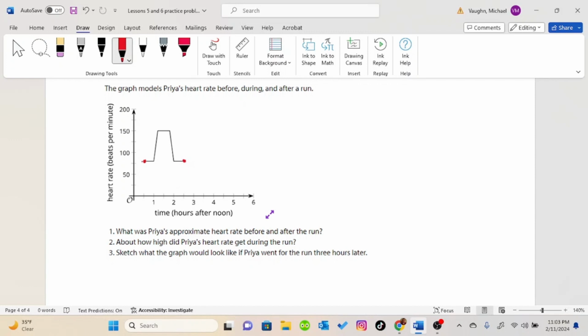And we can see that the value is just above 75. So her heart rate was about 80 beats per minute.